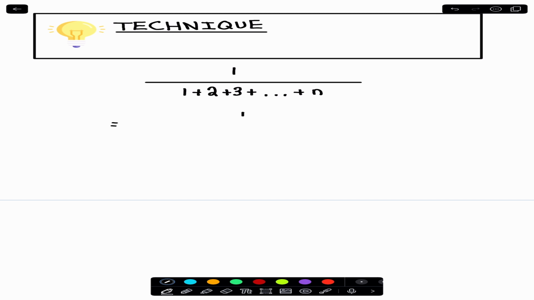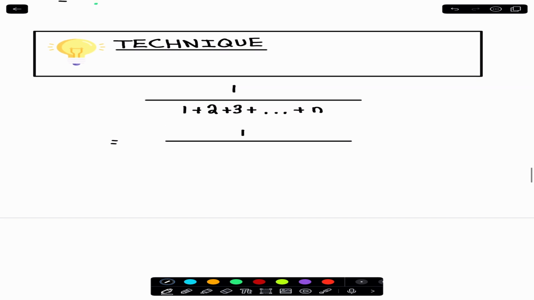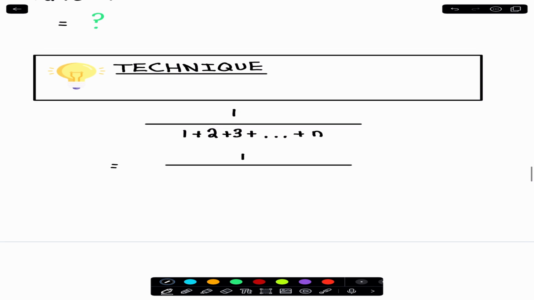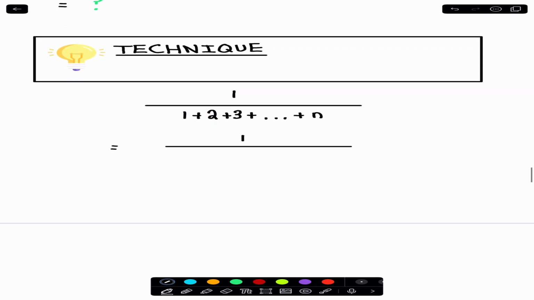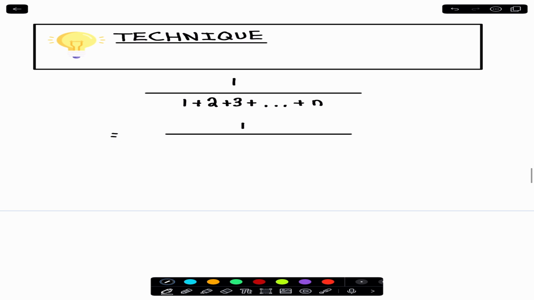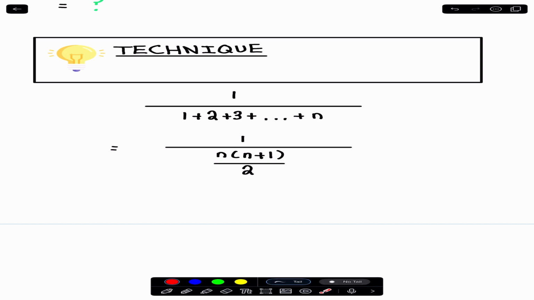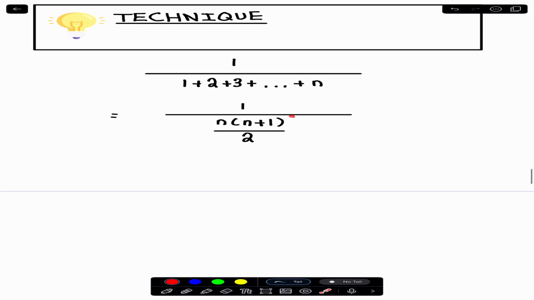Whenever you see yourself having to add all numbers from 1 through n, we have a very useful formula for that. Basically, adding up all numbers from 1 through n is equivalent to this formula here, n times n plus 1 over 2. Thank you, Gauss, for that.